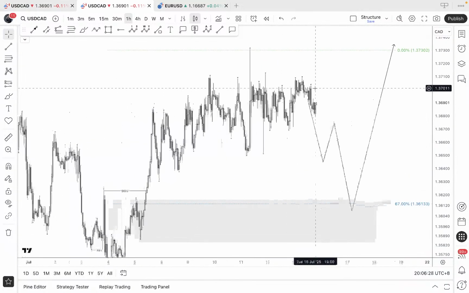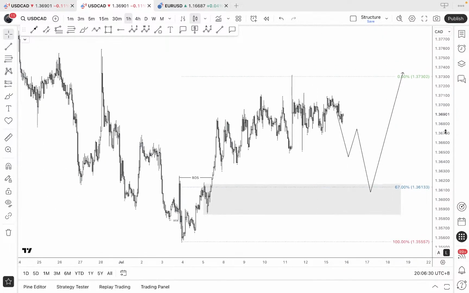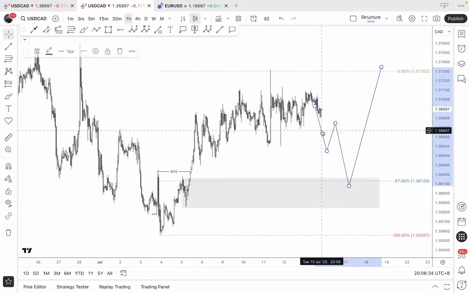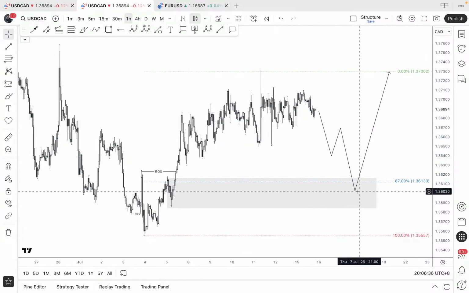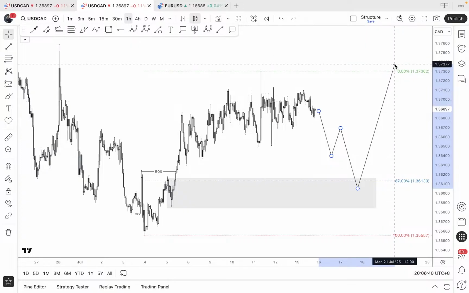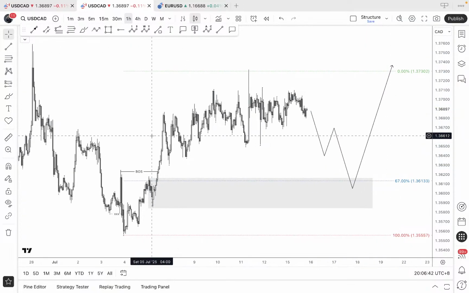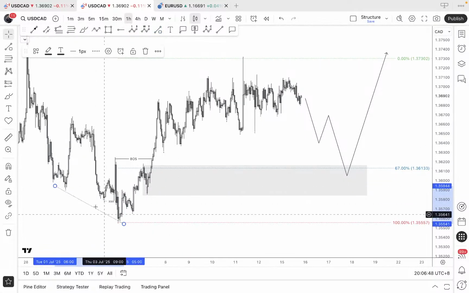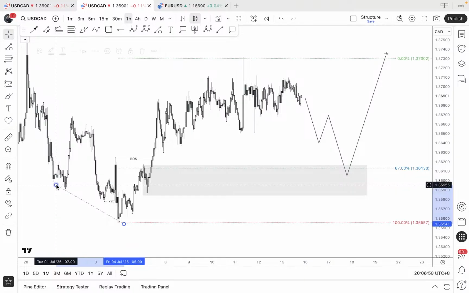dollar Canadian hourly, right? What we have in terms of the setup is quite clear. First up, some conditions and criteria, again very similar to the gold that I mentioned just now. We need to have some sort of liquidity sweep, right? You can see over here as price is coming down, we have lows being taken out.